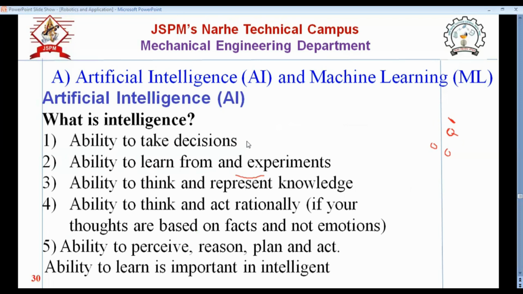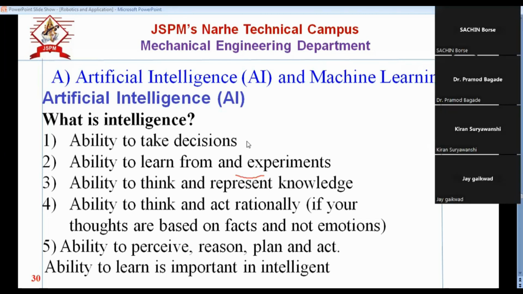Now there are various conditions of intelligence. We say ability to take decisions, ability to learn, experiment, ability to think, ability to represent knowledge, ability to think and act rationally, ability to perceive, reason, and plan. So there are various characteristics of intelligence. What is meant by intelligence?